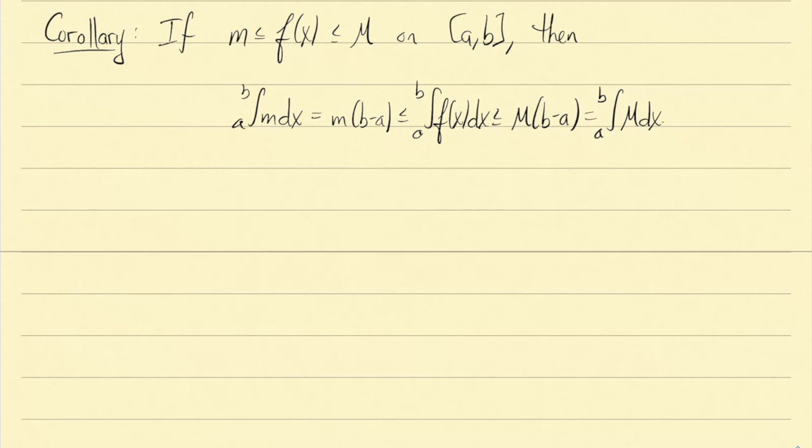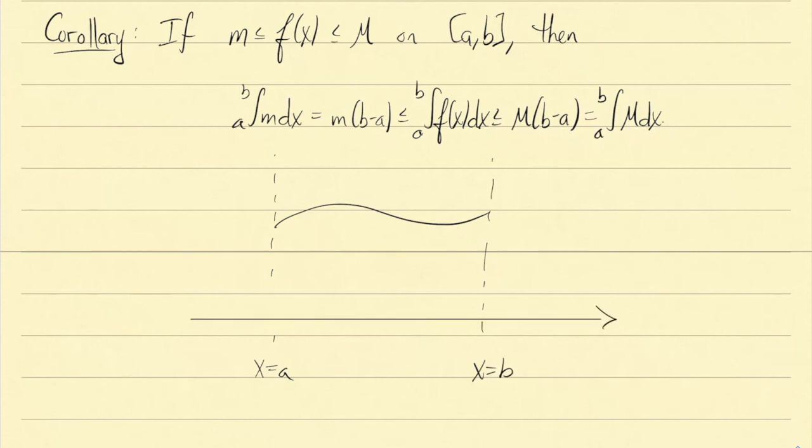Geometrically, this says if you're looking at a function f, and you choose the smallest and the largest points of this function, if you use the closed interval method on this function, you can identify the maximum value and the minimum value of this function on the interval.